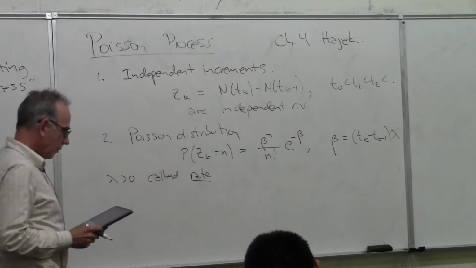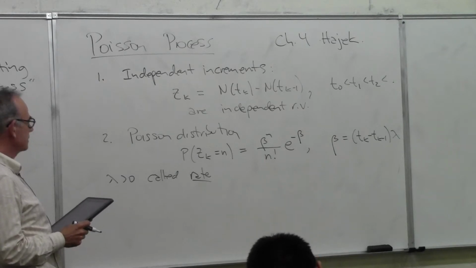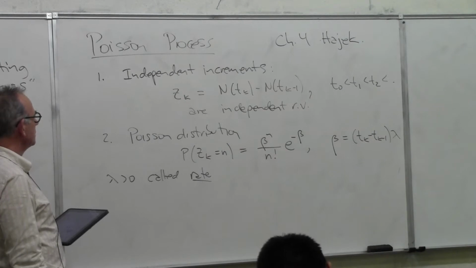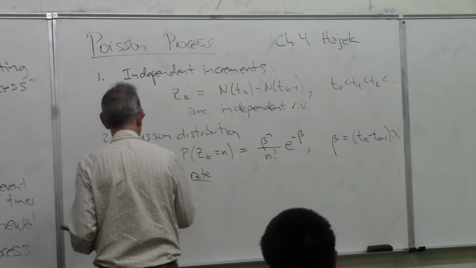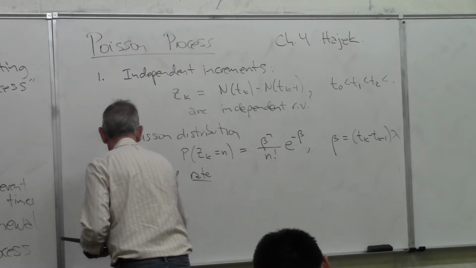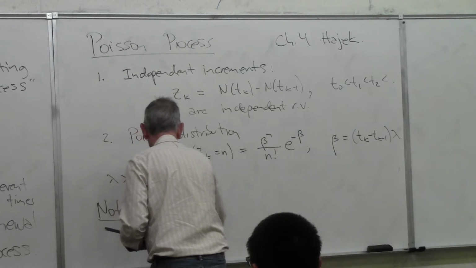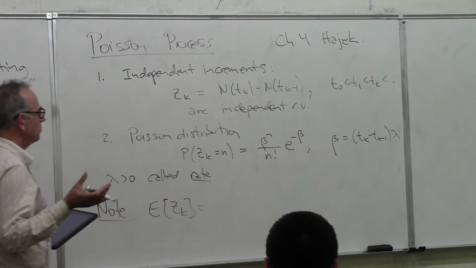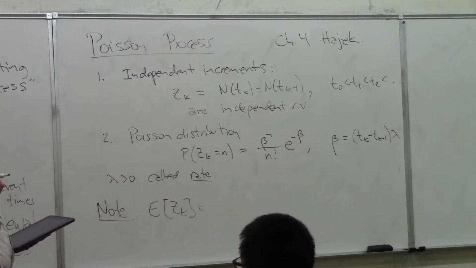So what do we know about Poisson processes? The mean of a Poisson random variable, anybody remember? It's almost that.